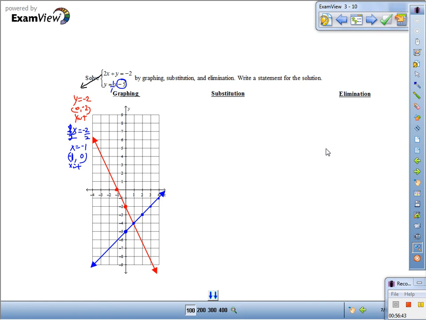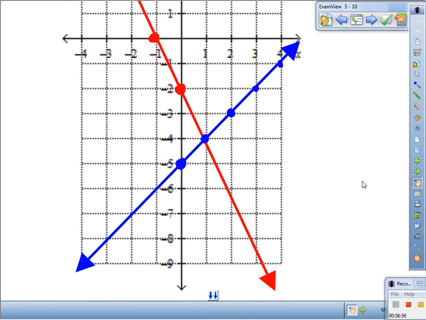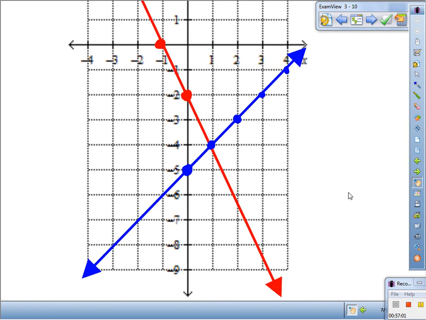Am I done? No, they're asking us to solve. How do we solve? Tell your neighbor, what is the solution to a system or any system of linear equations? Let's see. Andrew, what is the solution to any system of linear equations? The point where the 2 lines intersect.